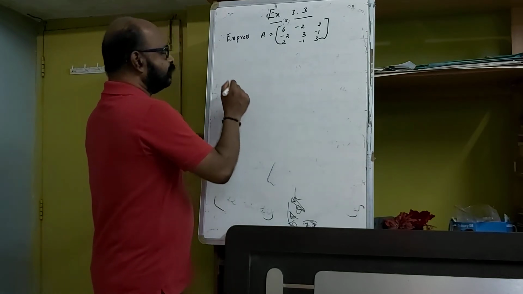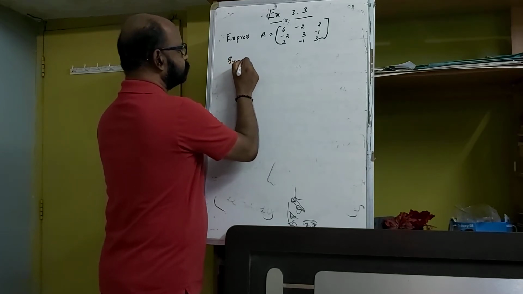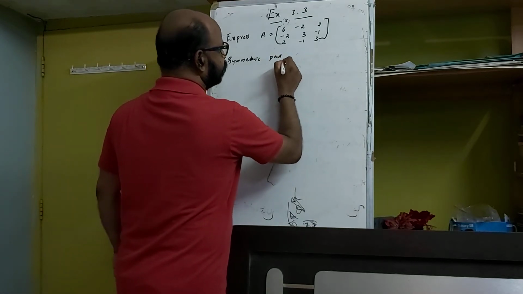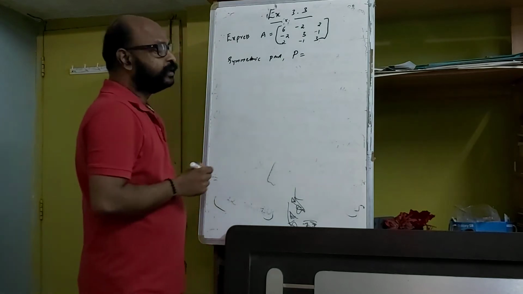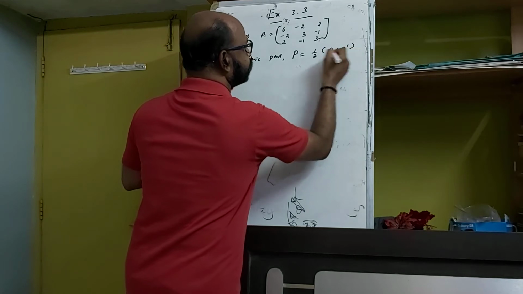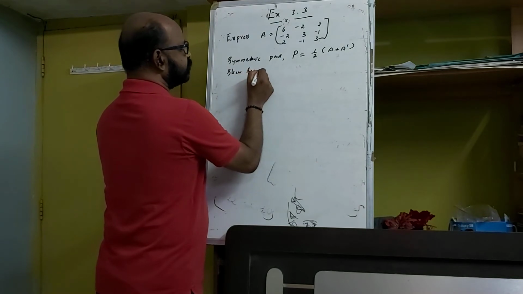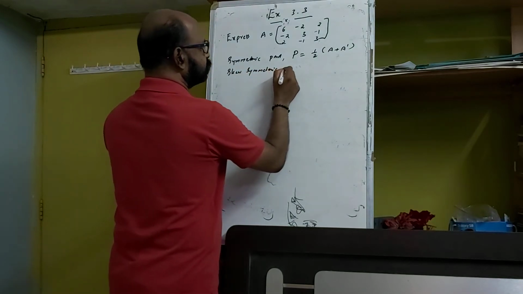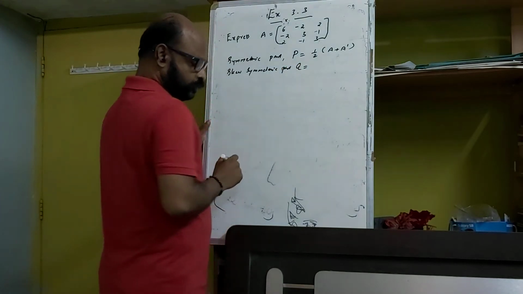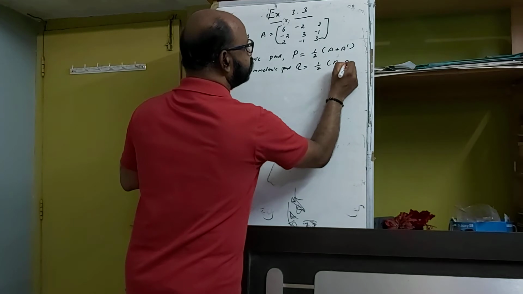Okay, so we said the symmetric part we named as P is equal to half into A plus A transpose. The skew symmetric part, we have taken it as Q, that is equal to half into A minus A transpose.